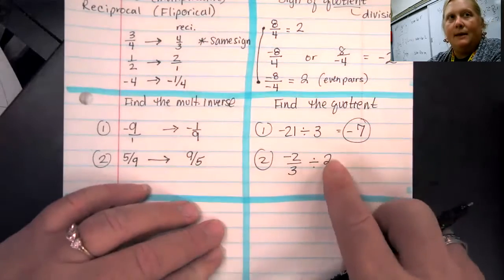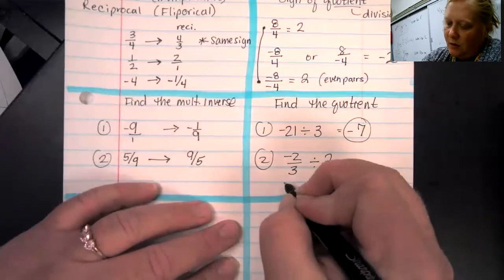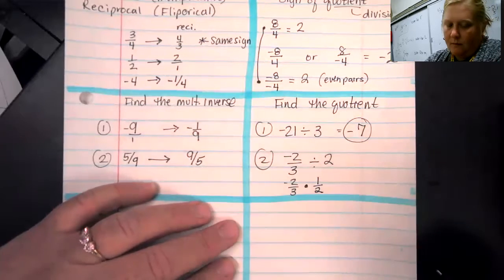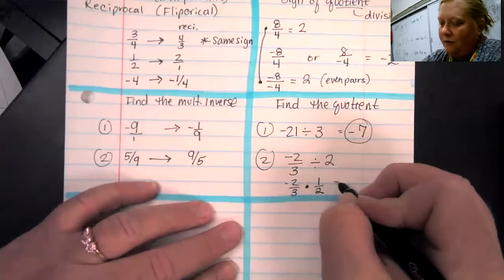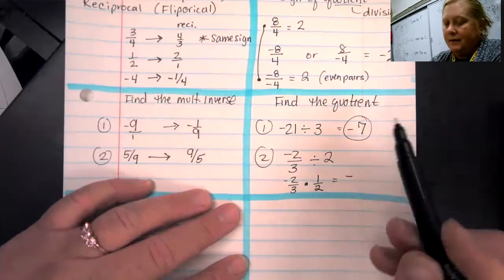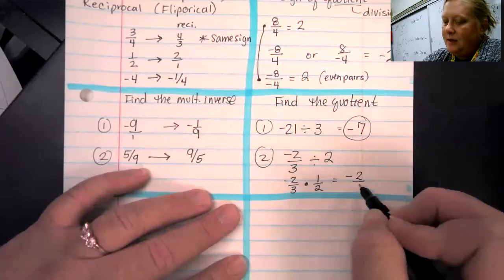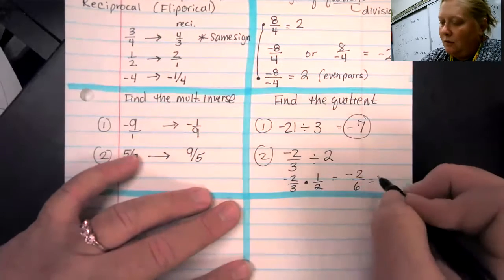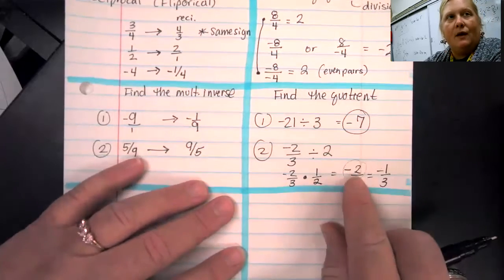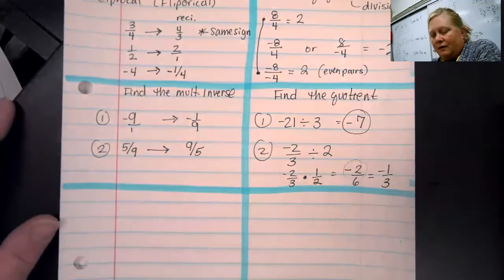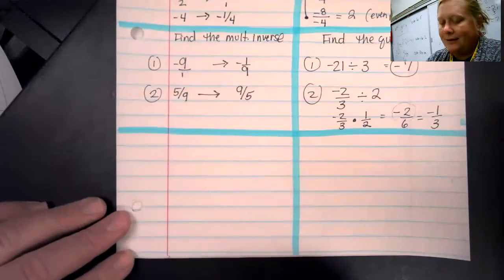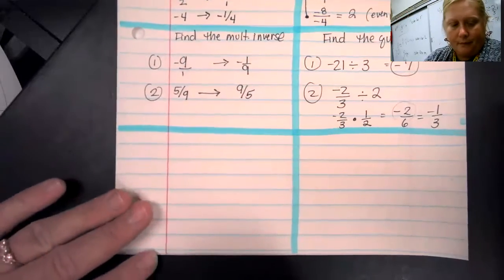Well, division is the same as the multiplicative inverse. So could I rewrite this like this? And if I'm still negative, I'm going to do my multiplicative fraction rule. 2 times 1 is 2, and 3 times 2 is 6, and then I'm going to reduce to 1/3. Now, I always put my negative up on the top of my fraction. If it's negative, I always stick it in the numerator. That's just the way I've always done it.